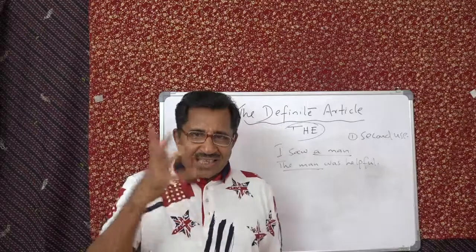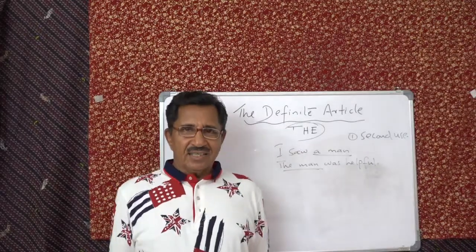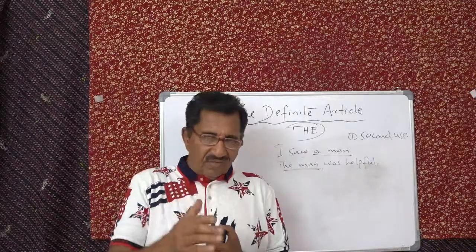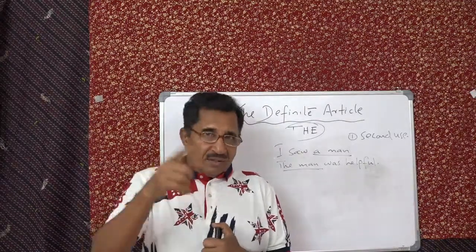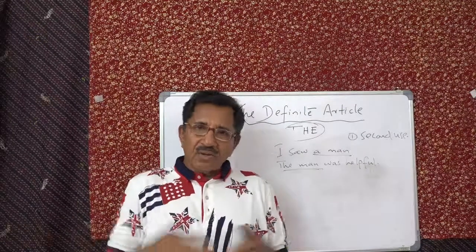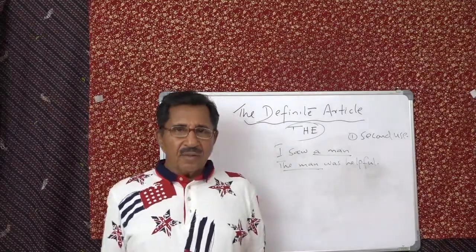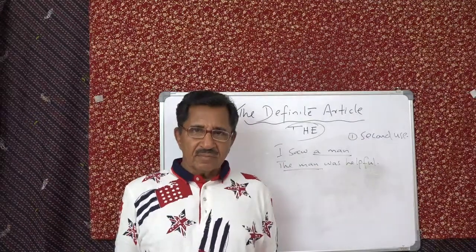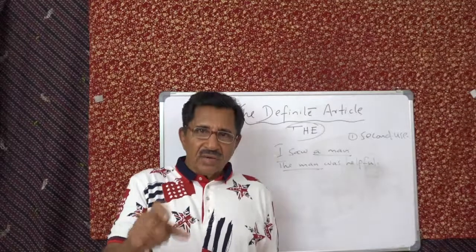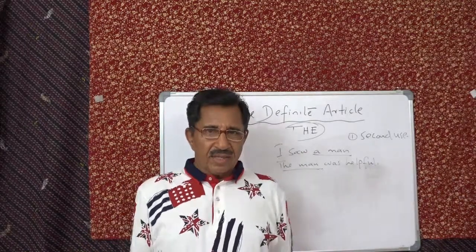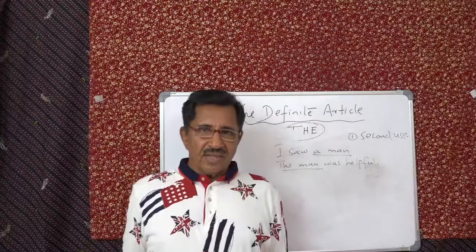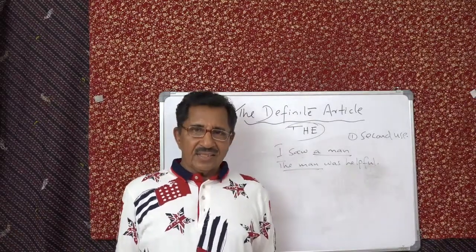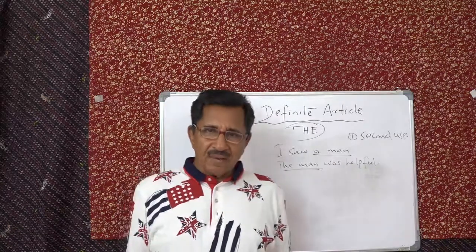So the rule of second use, this is. Second time, when you are using a noun, a common noun, singular or plural. When you say, there were some boys. The boys were very helpful. There was a man.